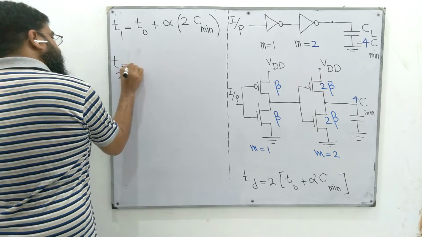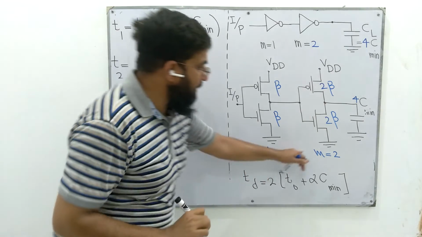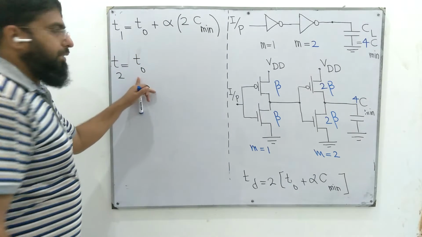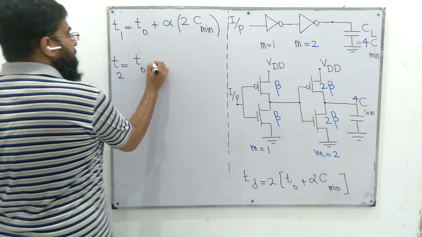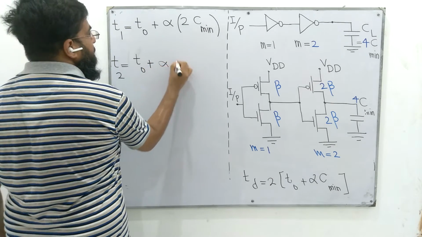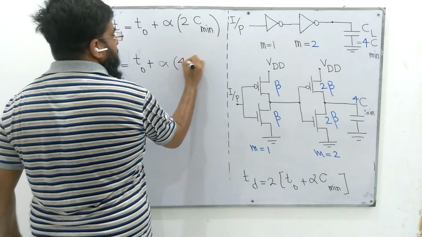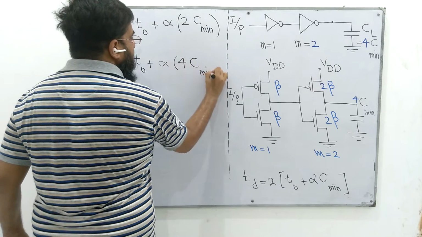And the delay for the second gate is T0, which is independent of scaling, plus alpha times the load, which is 4 times C minimum.